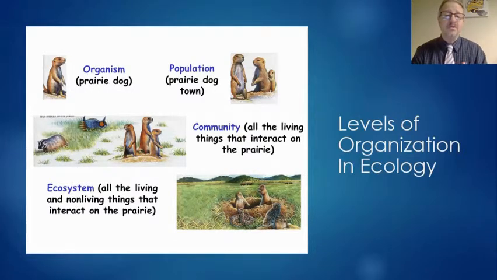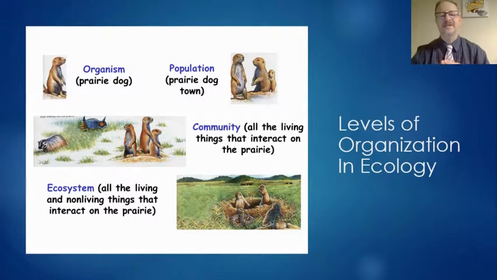Now, as we look at a little bit beyond the nuclear family of this cute little prairie dog family, we come to the community, and that would be all of the living things that they would be able to interact with in their biome called the prairie. So you see in this picture, there's a snake, there's some mouse in the foreground in front of the prairie dogs.